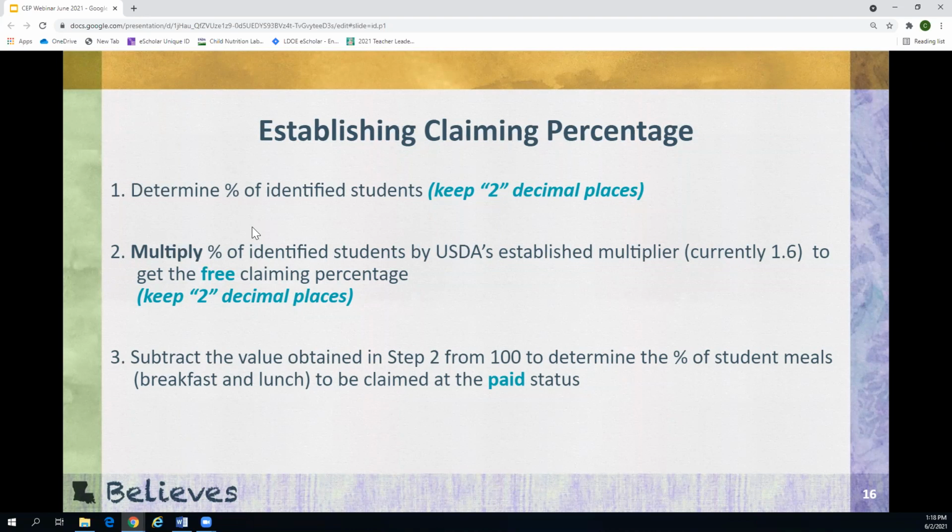From there, you would multiply the percent of identified students by the established multiplier, which is currently the 1.6, and that would give you the free claiming percentage. You would keep that to 2 decimal places. From there, you would subtract the value obtained in step 1, so your free claiming percentage, from 100, and that would give you the percent that you would claim at the paid percentage.